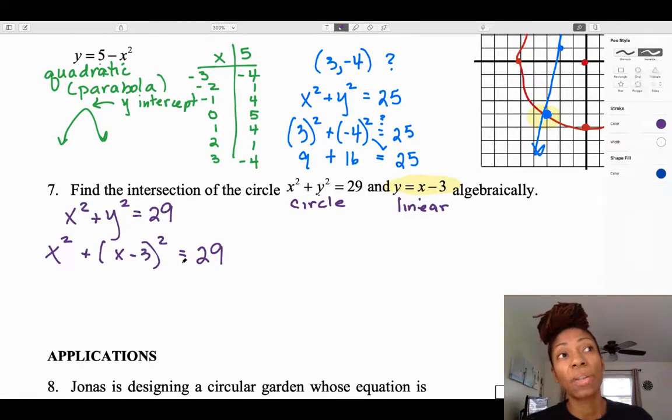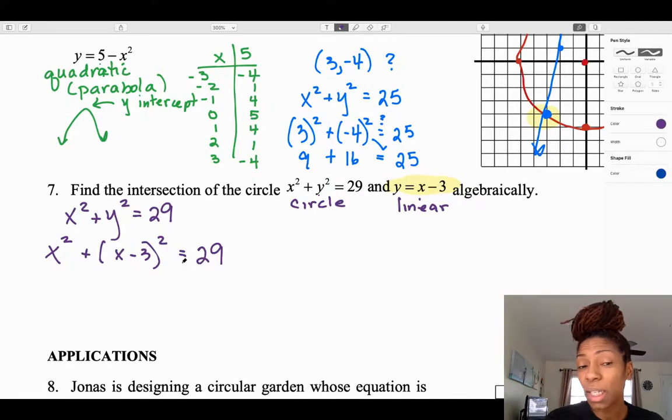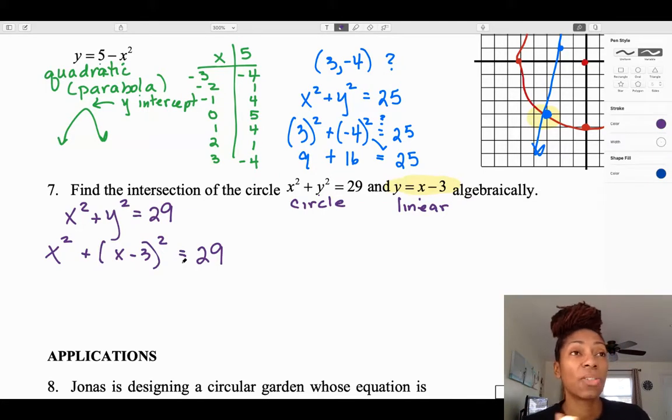Think back to how do you solve quadratic equations? There are many strategies. But one strategy is you can get it into standard form and factor it, and then use the zero product rule. We could try that.